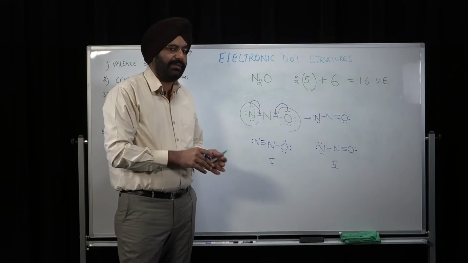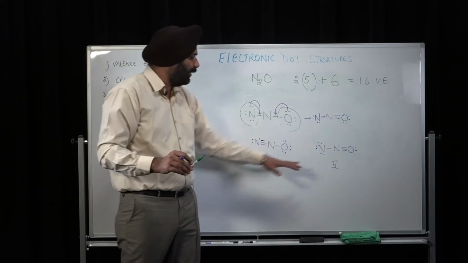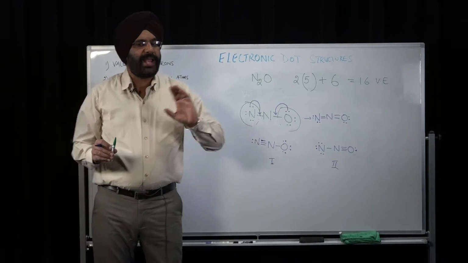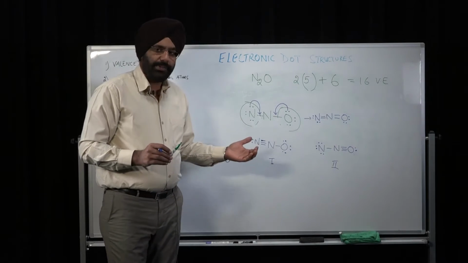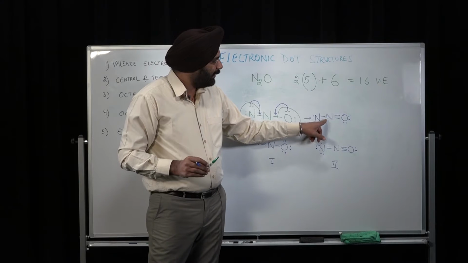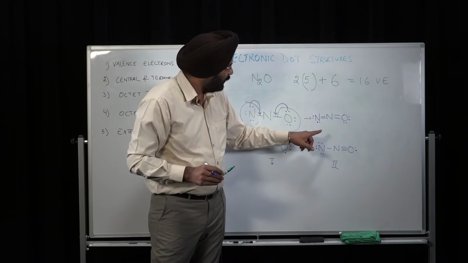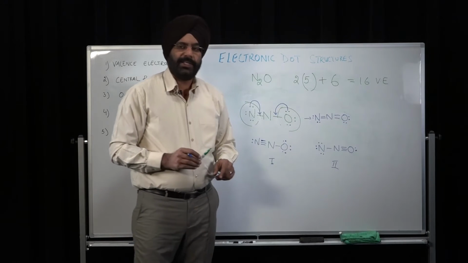What I want to emphasize here is I'm not changing the number of valence electrons. It remains constant in each of these three structures. I cannot add electrons or remove electrons from the molecule. So you can count here. 4 plus 4 is 8, plus 2 is 10, and then plus 2 is 12, and plus 4 is 16.